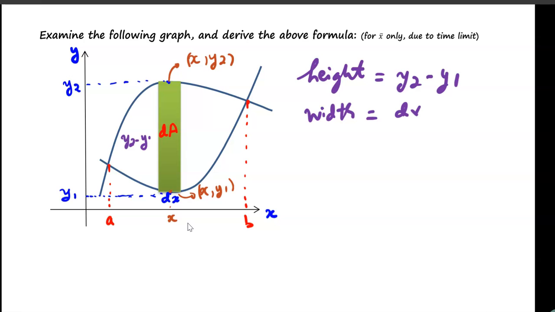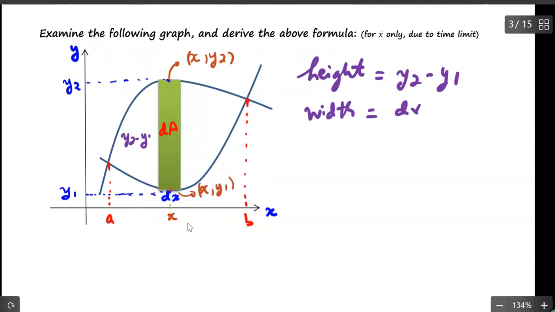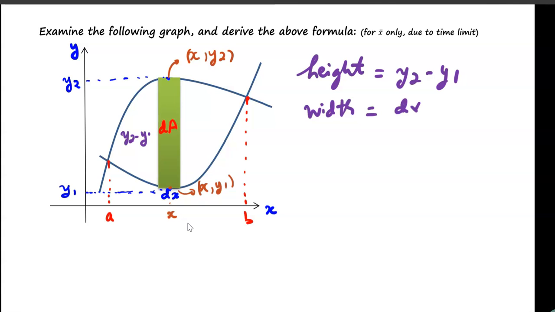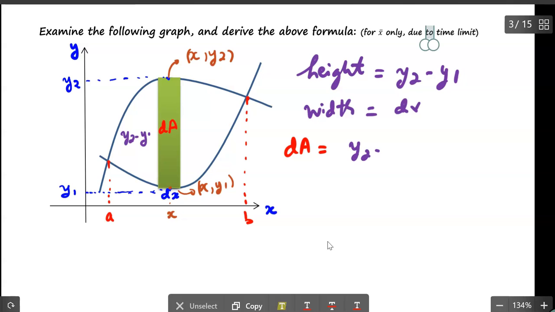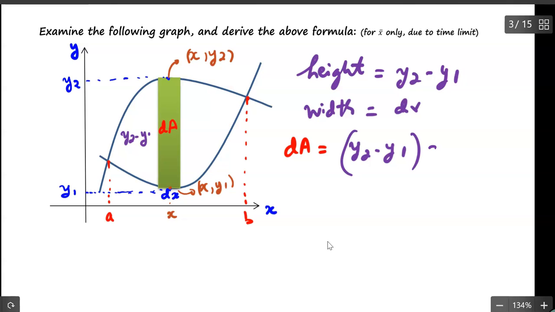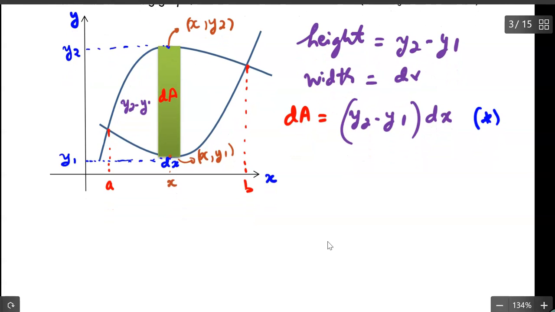Now I'm going to find the area for this. The dA, which is the area that I define for this green part, will be the height times the width. So the height is equal to y2 minus y1, multiplied by dx. This is very important. We will assign this as a star for this equation, and we continue with the next concept.